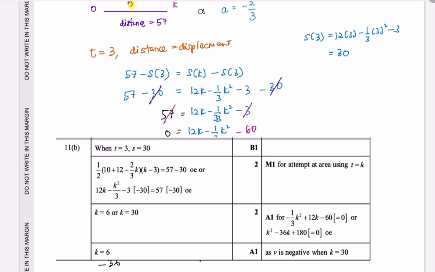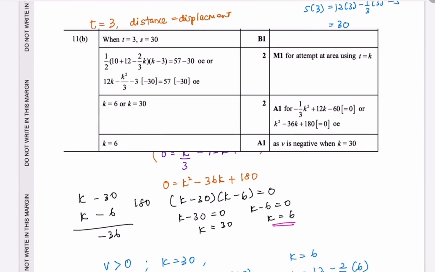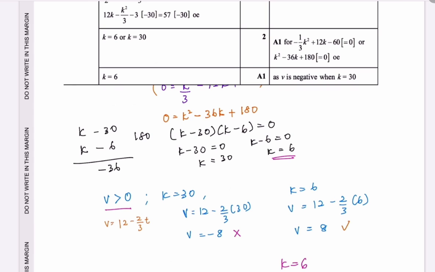When you arrive at your answer where K is equal to 30 or 6, the last answer, K is equal to 6, is when we test that our V value cannot be negative. K is equal to 30, our value is negative, so we will reject this answer.